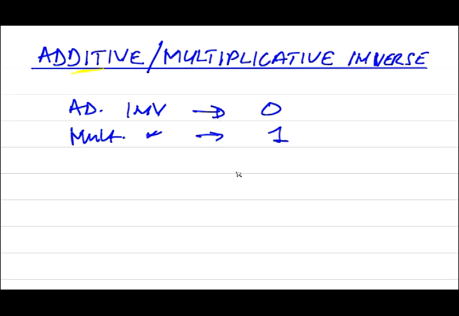For example, if we have a number standing alone, please take note, a number that is standing alone, let's say a plus b is equal to 0. Now if you want to remove the b from the left hand side, you see it is standing alone, so you ask yourself, what do you do to it to get 0? Anytime it's standing alone, you use additive inverse.